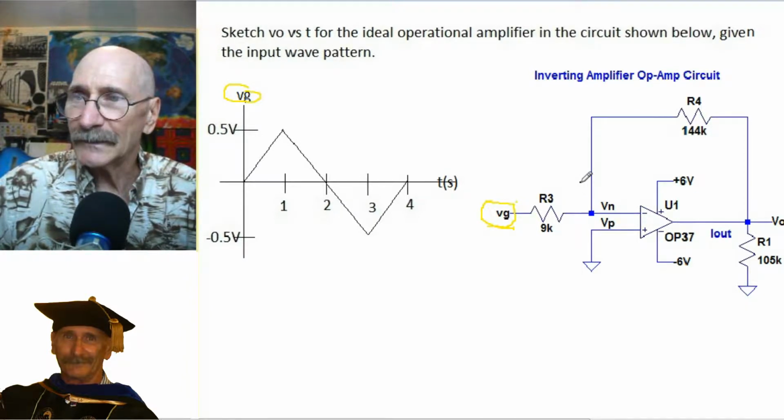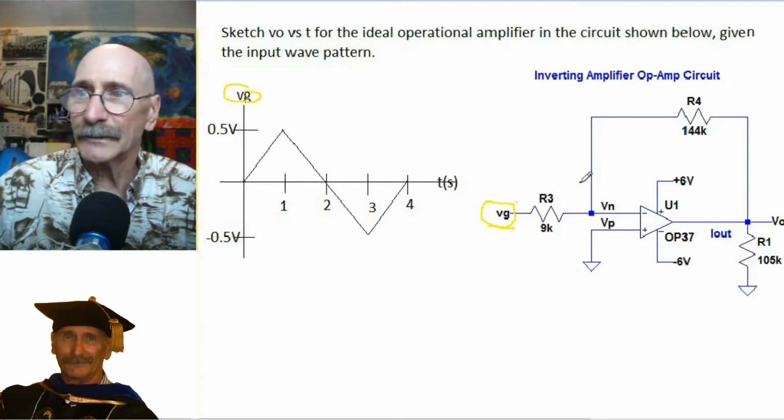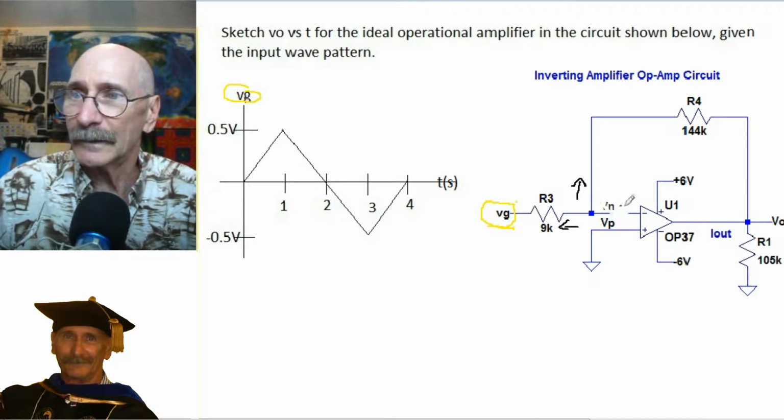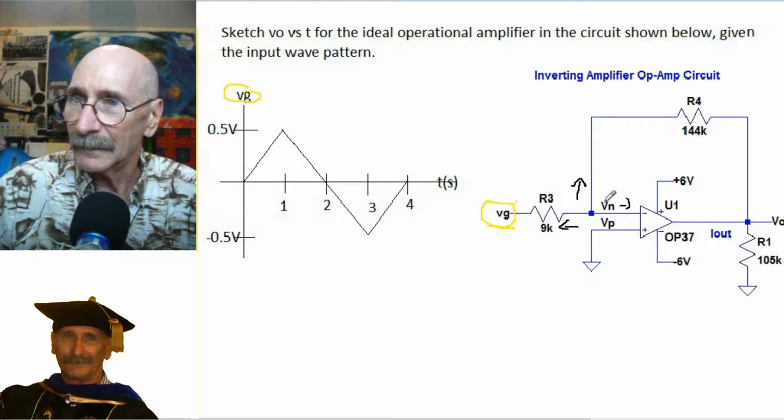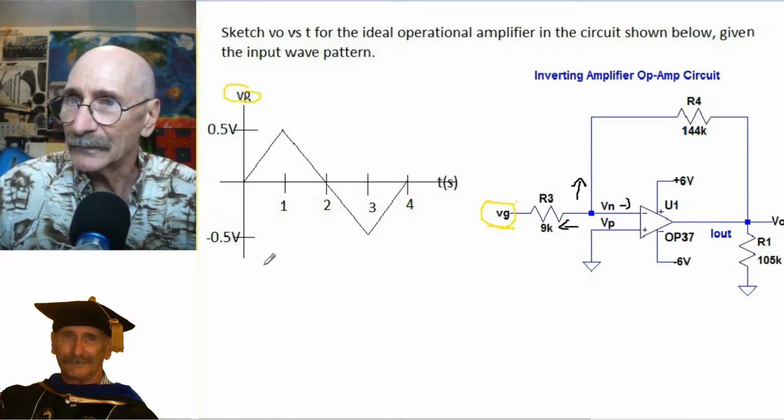Now, the way to solve this is basically using Kirchhoff's current law, the same way we've done in many other problems: look at all the currents going out of a node. We're going to choose the node Vn and sum the currents, and they should all add up to 0.